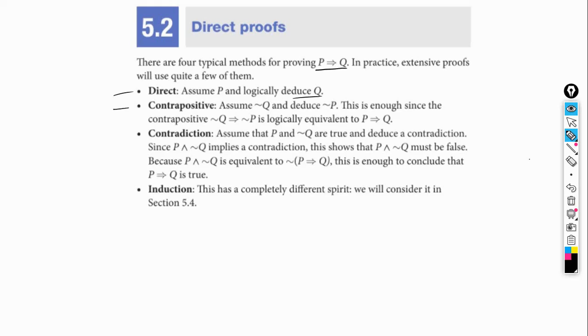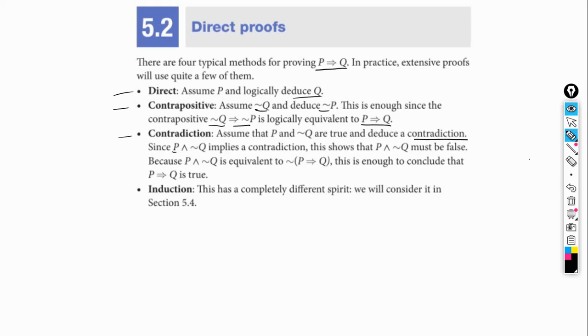There's the contrapositive, where we would assume not Q and deduce not P. And this is enough since we know that the contrapositive, if not Q, then not P, is logically equivalent to if P, then Q. This is something we saw in the previous section. Contradiction. Assume that P and not Q are true and deduce a contradiction.